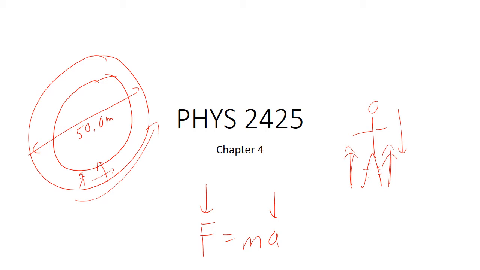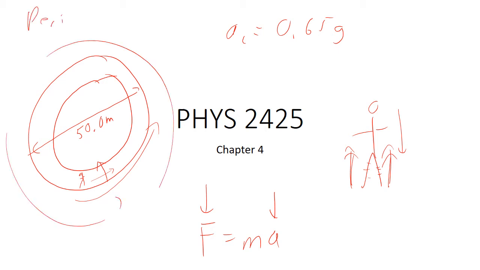Now, it turns out your body doesn't need a full 1g, but if the centripetal acceleration were equal to 0.65 g, then that would be sufficient to keep your bones strong. Okay. So what we want to do is figure out how many times per second. So that's the period. Period is the length of time it takes to go around. And so how many times per second will this thing have to rotate?